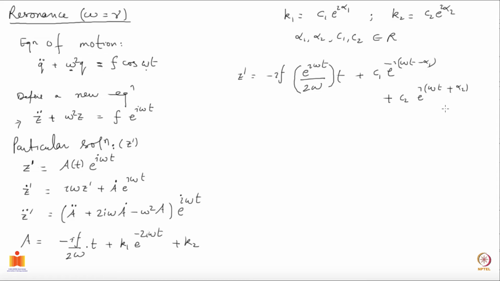That's your particular solution. So if I take the real part of z prime, then that is what will be the particular solution of this equation, right?